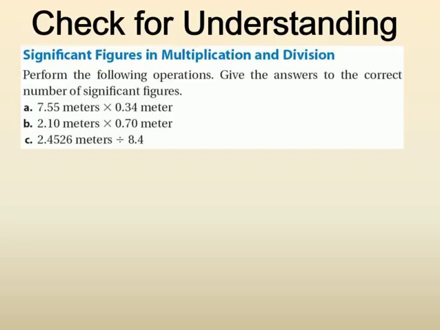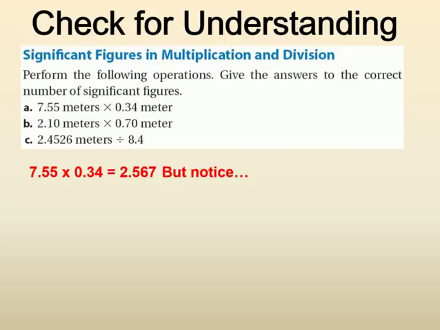All right, we're going to check for understanding again. Go ahead and pause the video and see how we're doing. All right, I'll walk you through the first one of 7.55 meters times 0.34 meters. Now, if we were to simply plug this into our calculator, we would generate 2.567.